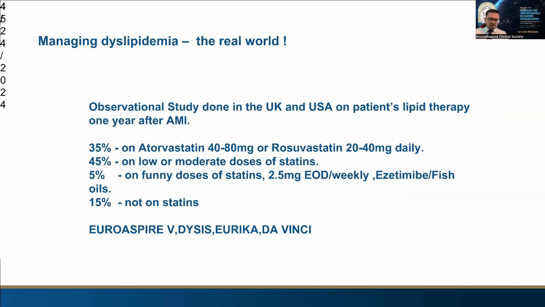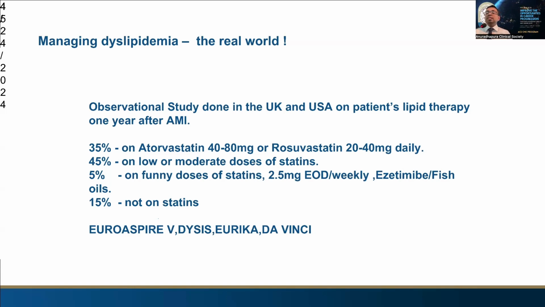Okay, so now even though the guidelines are there, the practice is different. Even in Australia, the UK and USA, they showed that among all these patients with MI, at the end of 1 year, only 35% had been on higher doses of statins. 45% had moderate doses, and 5% had very low doses, like 2.5 every day, 5 milligrams once a week, like that.